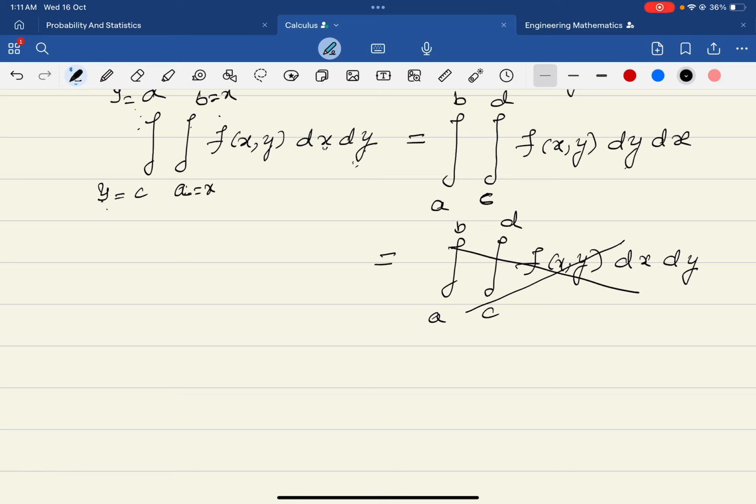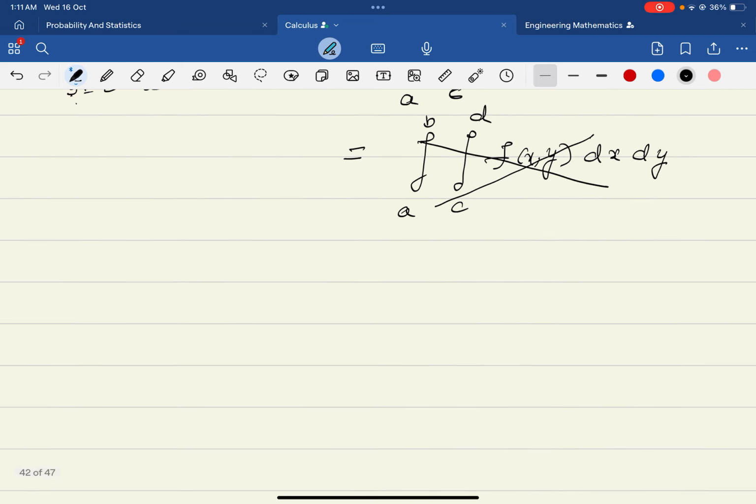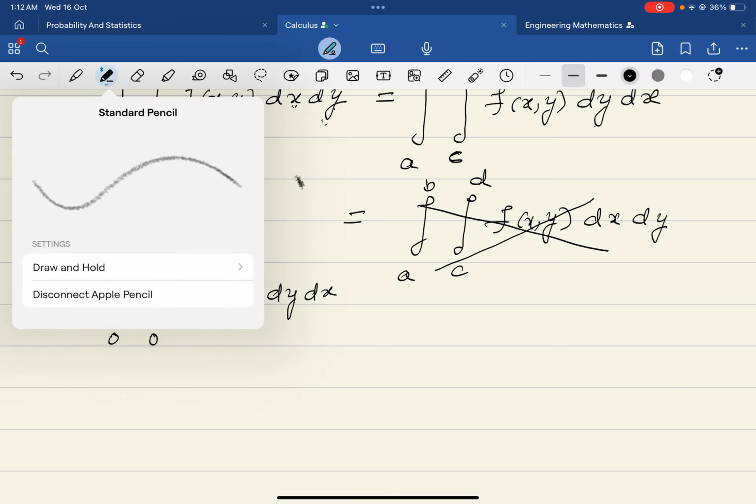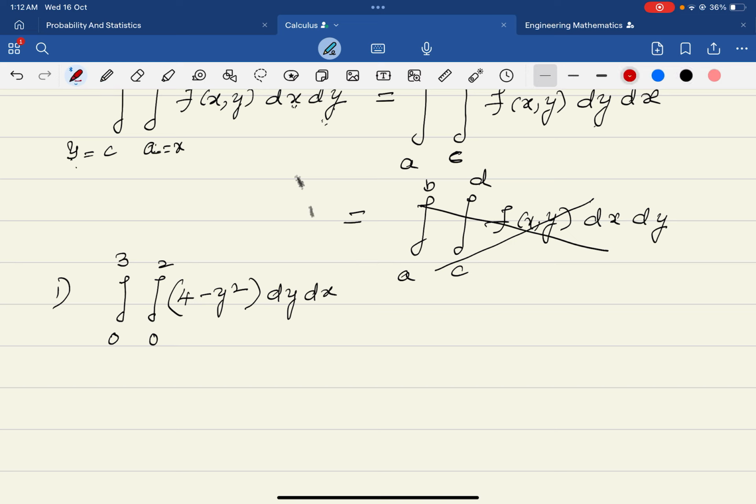Now let us go to the evaluation part, how to solve these integrals. I'll give you an example and then we'll start the problems. Let us check this first problem, the double integral from 0 to 3 and 0 to 2 of 4 minus y square dy dx. First thing, we always put a bracket in the innermost integral, that means this one.